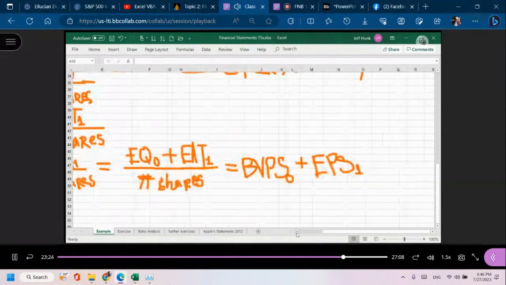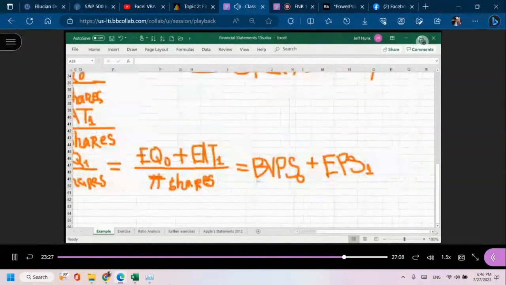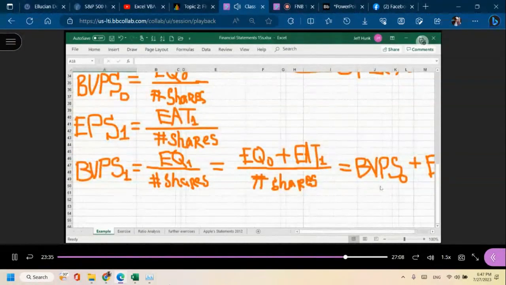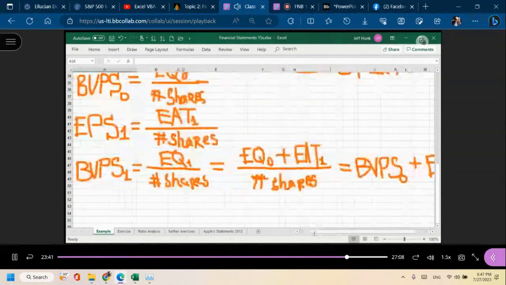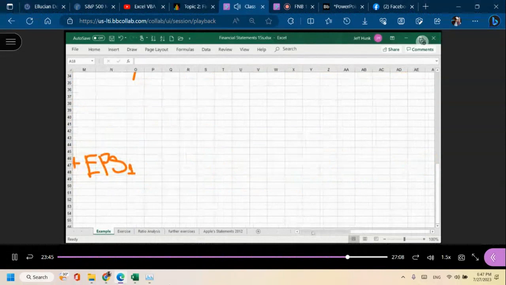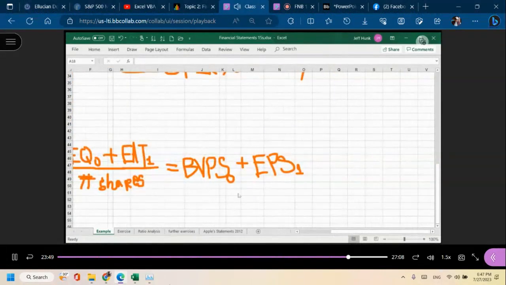If you bought that stock at time 0 and 1 year later at time 1 you want to sell it, then the stock price at time 1 will exactly be greater than book value per share at time 0 by earnings per share, right? In other words, the stock price will reflect exactly the profit, the increased value due to operating activity.